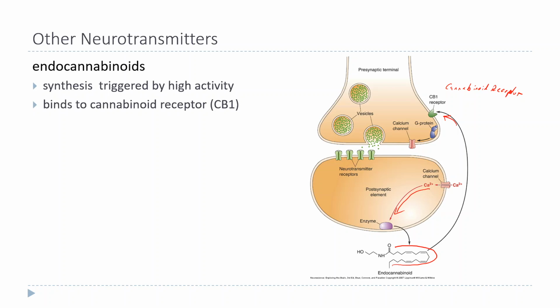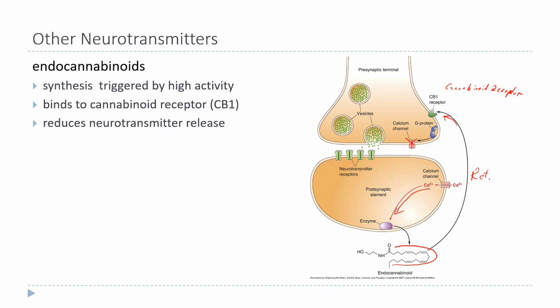It doesn't get packaged into vesicles. It activates a specific receptor though. And through its G protein, it actually inactivates calcium channels on, in this case, the neuron that receives the cannabinoid signal. And so in a sense, these are what we call retrograde neurotransmitters.